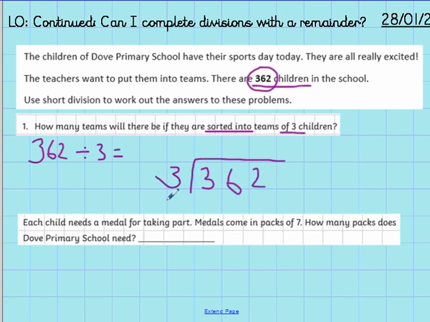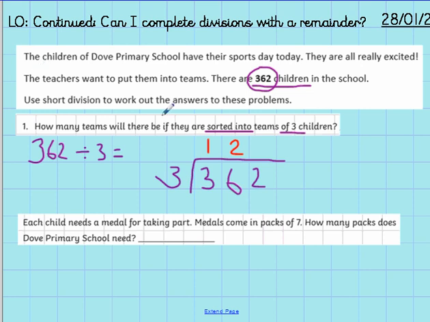So let's have a look at my calculation. How many 3s go into 3? 1. How many 3s go into 6? 2. How many 3s go into 2?